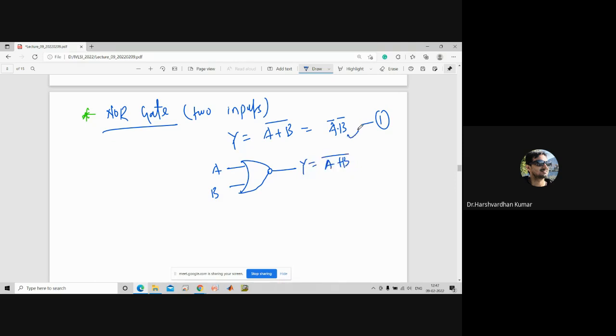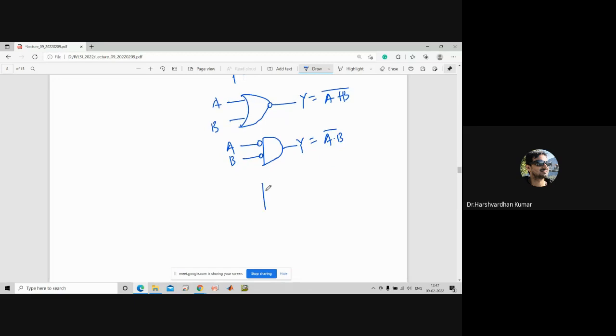Using this symbol, you can also design using an AND gate, but for the AND gate the inputs must be bubbled inputs, which is equal to A bar dot B bar. I think you have all studied the logic gates in detail, right? In the 3rd semester or maybe in basic electronics.